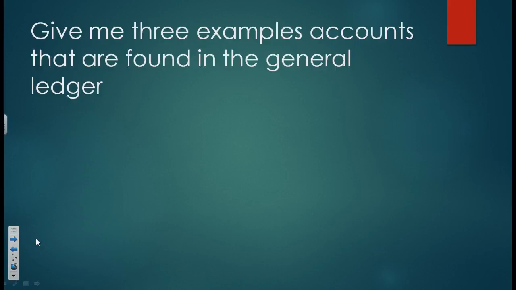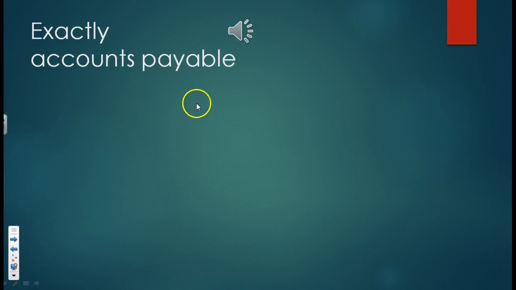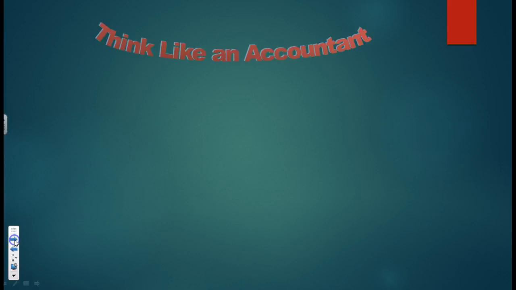I want you to give me 3 examples of accounts that are found in a general ledger. Now, I want you to think back to last chapter. What was the subsidiary ledger that we used? Exactly, accounts payable.